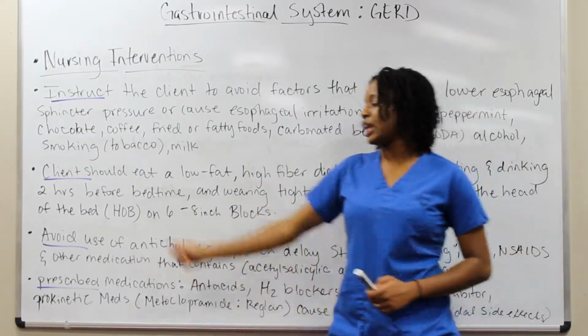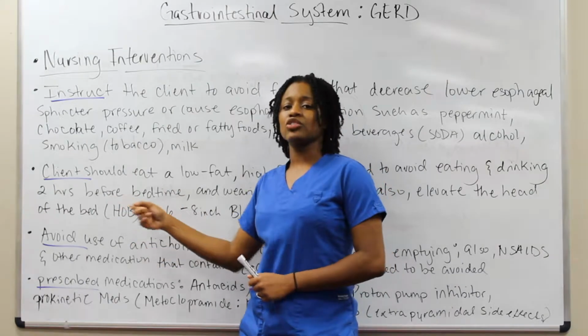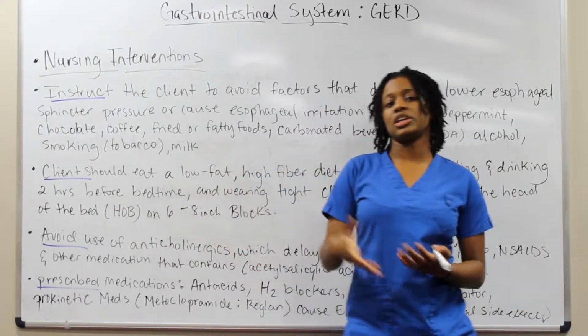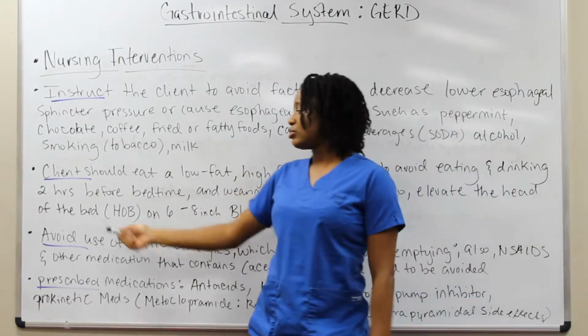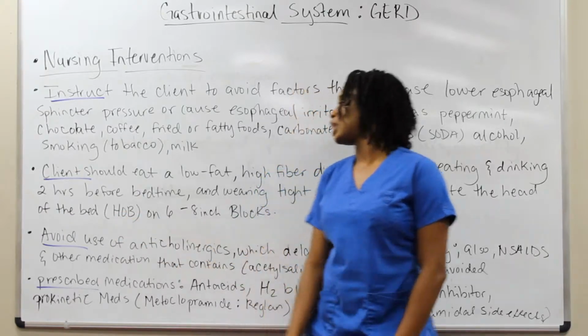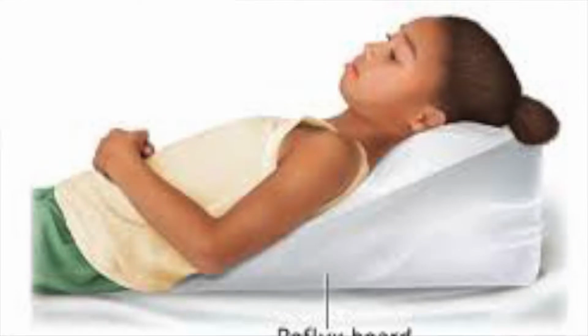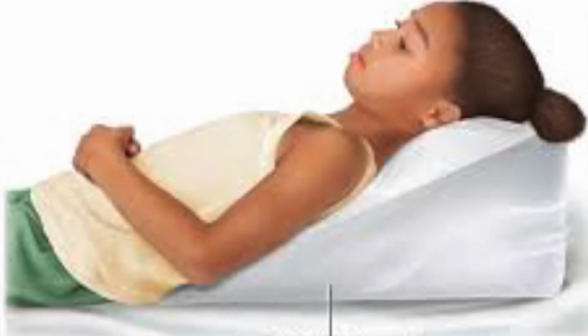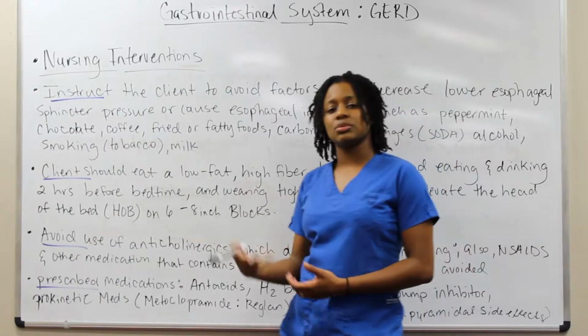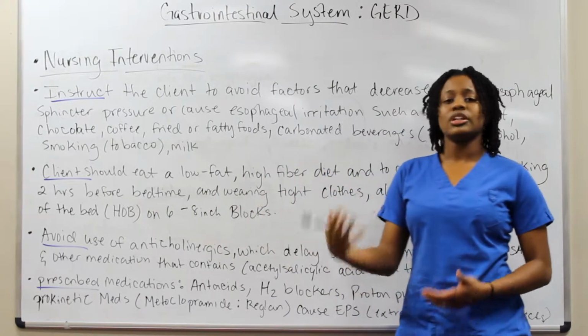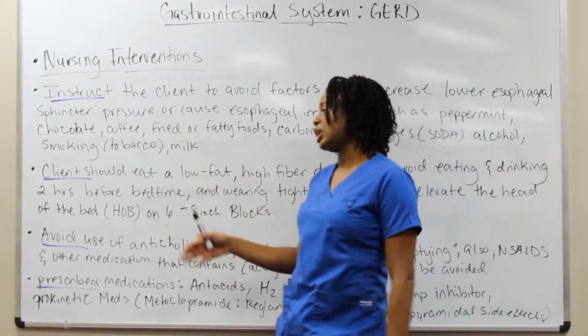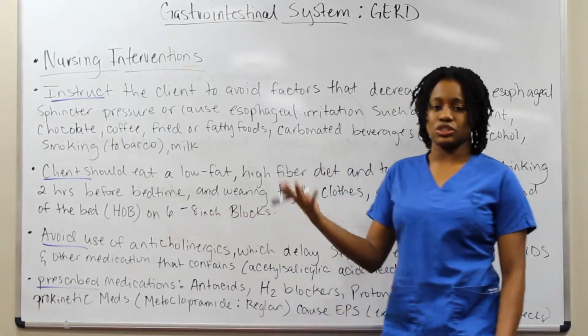You see the nurses write HOB, or the doctor may say HOB 30 degrees, and he's putting it in an order. So that just lets you know this means head of bed. Okay, so you want to have the head of bed elevated 6 to 8 inches on blocks. Of course, if you don't have blocks, there are other supplements you can use. You can use pillows or something like that, but try to make it the equivalent of 6 to 8 inches. Okay.